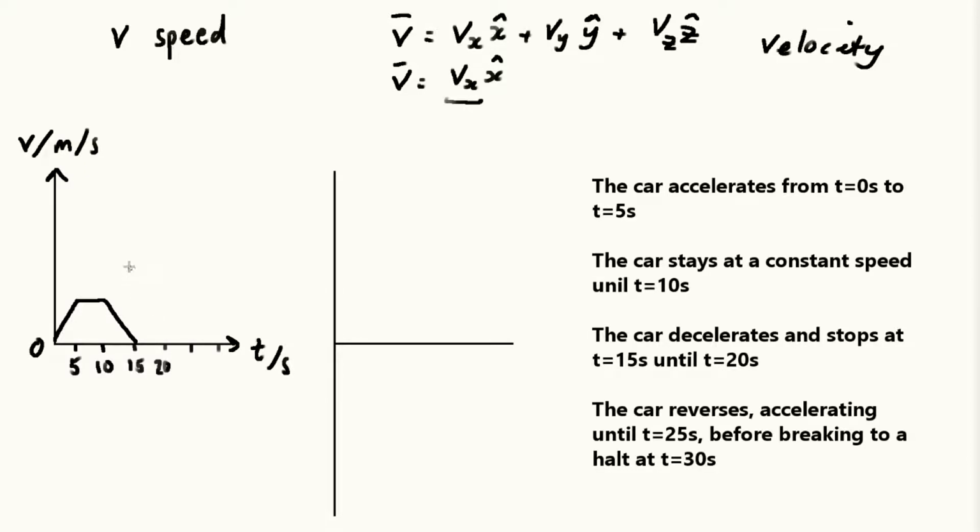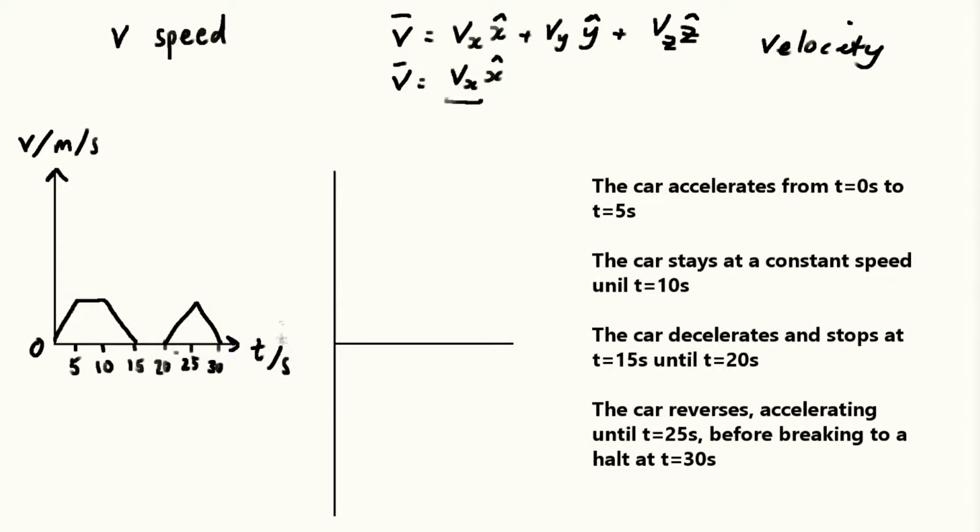As speed is the magnitude of its velocity, it means that even when accelerating backwards, the speed has still got an increasing magnitude, meaning at 20 seconds we will have our gradient heading back up. This will be 25 seconds and this will be 30. At 25 seconds the car immediately starts braking again before eventually it will come to a stop at v equals 0 at t equals 30 seconds.